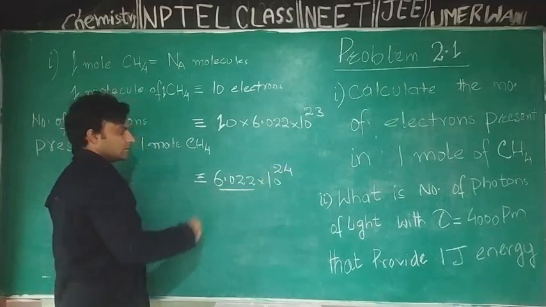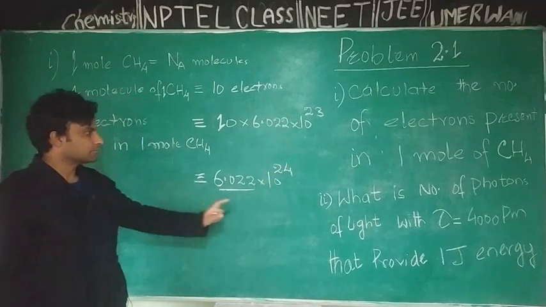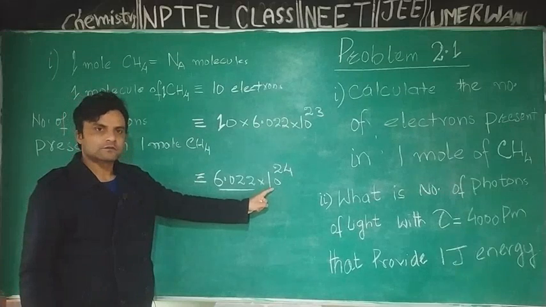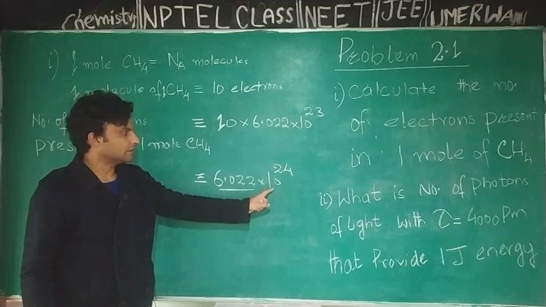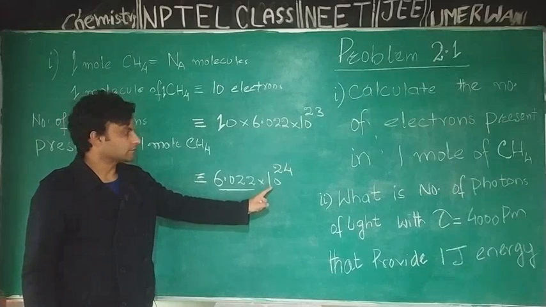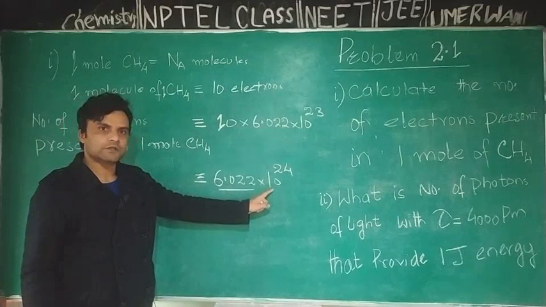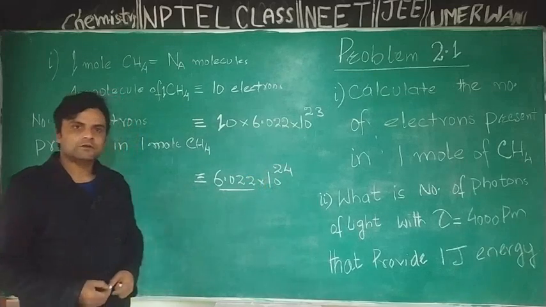Leaving this value, we can say that total number of electrons present in 1 mole of methane is 10 to the power 24.